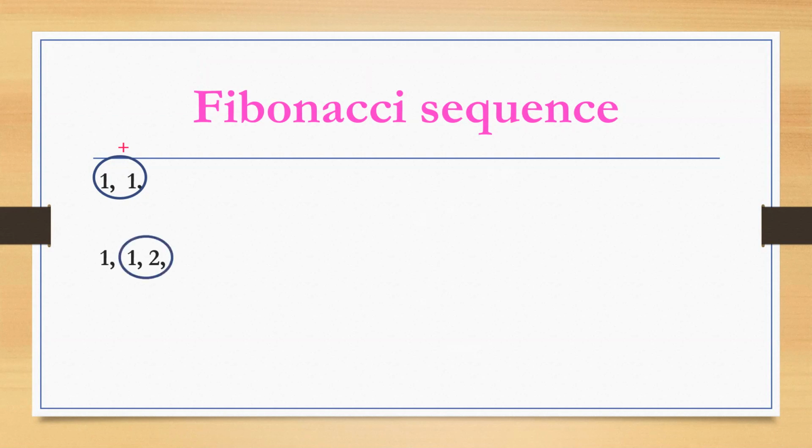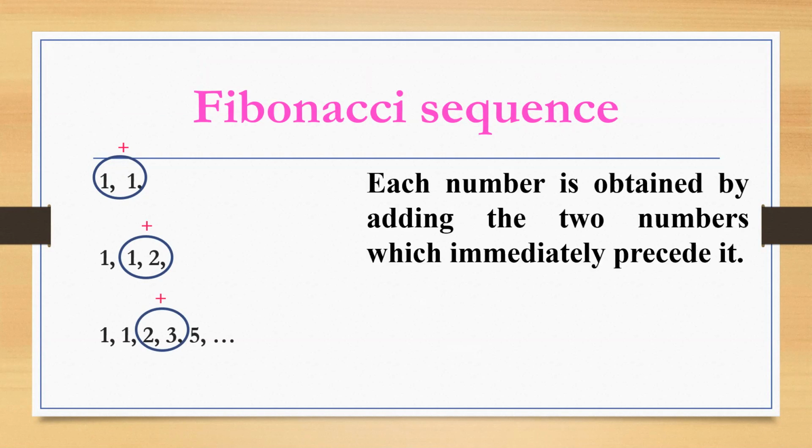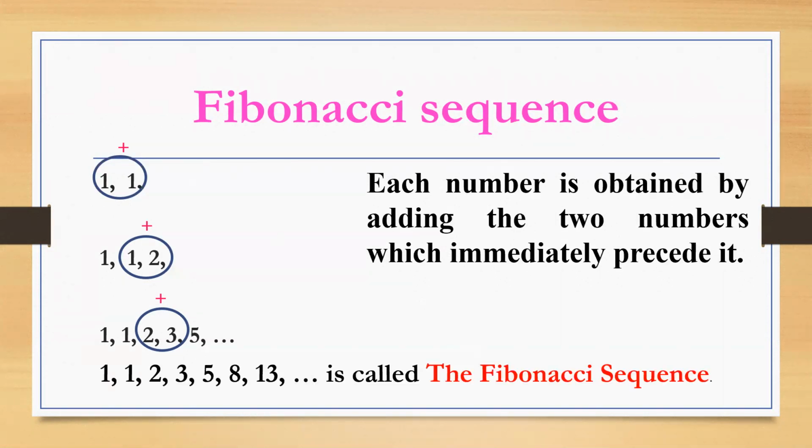Now, 1 plus 2 will give me 3, which is the next term. Similarly, 2 plus 3 will give me 5. So each number is obtained by adding the two numbers which immediately precede it. In fact, 1, 1, 2, 3, 5, 8, and so on is called the Fibonacci sequence.